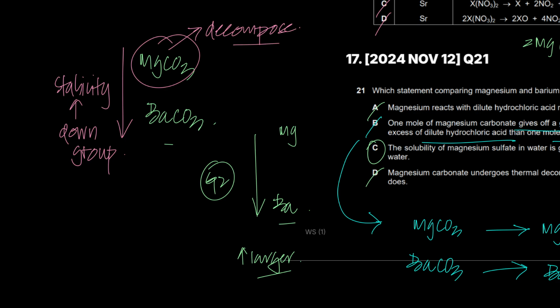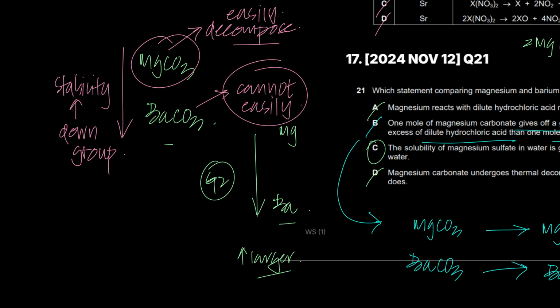Whereas barium carbonate cannot be easily decomposed because it is more stable. The thermal stability of carbonates and nitrates increases down the group, so it requires more energy to thermally decompose barium carbonate compared to magnesium carbonate.